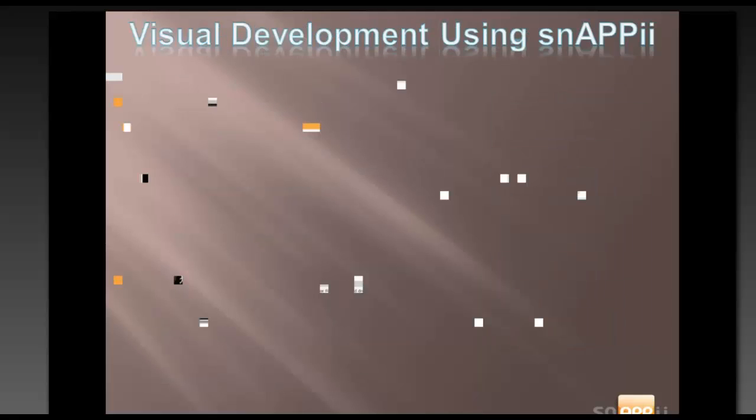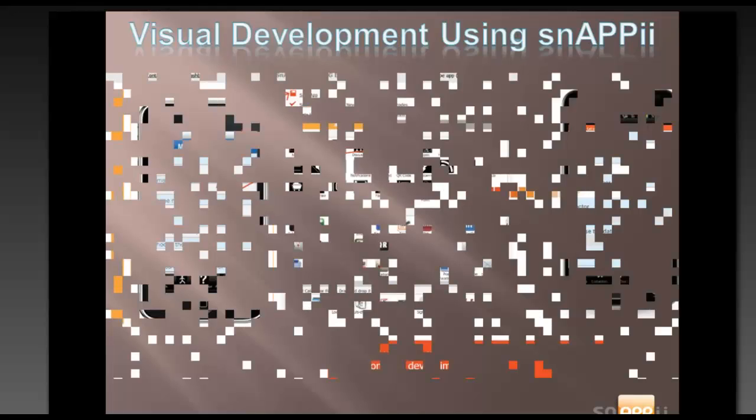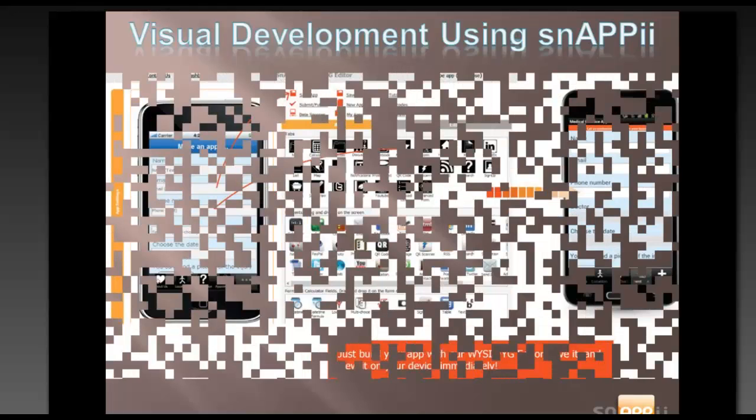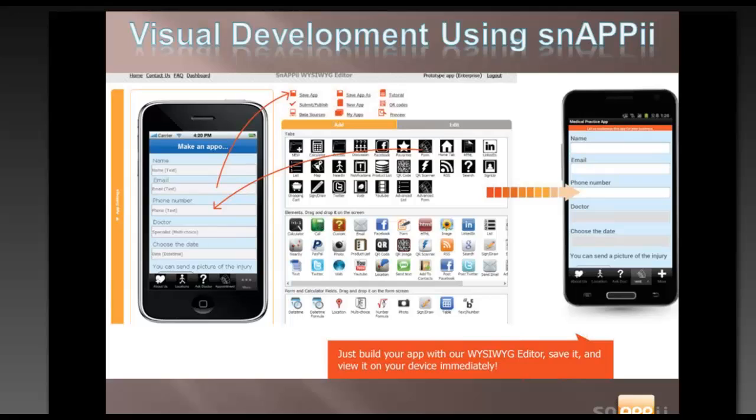So let me give you a little bit of an overview of how the apps are developed using the Snappy platform. When you build apps in Snappy, you're not writing code. You are building apps visually by essentially dragging, dropping, and configuring pre-built objects. These are not just user interface objects.